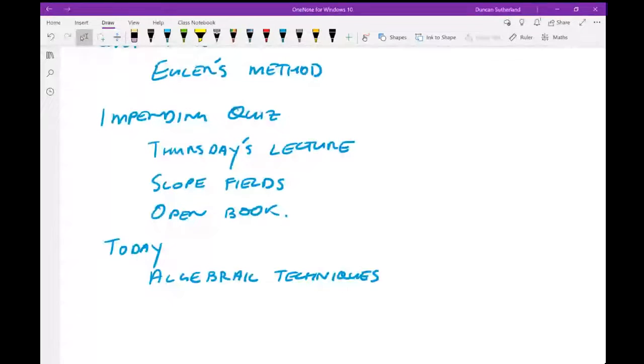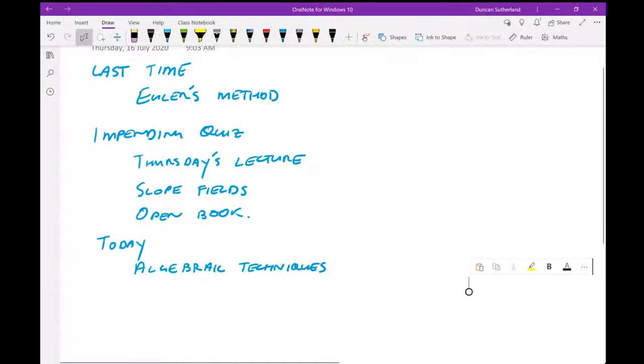So today we're going to look at algebraic techniques for solving ODEs.